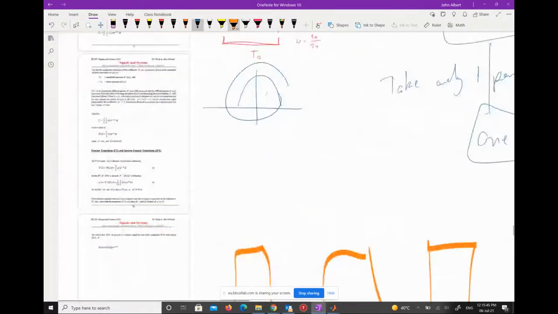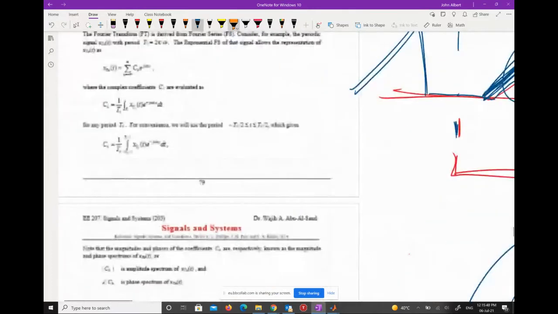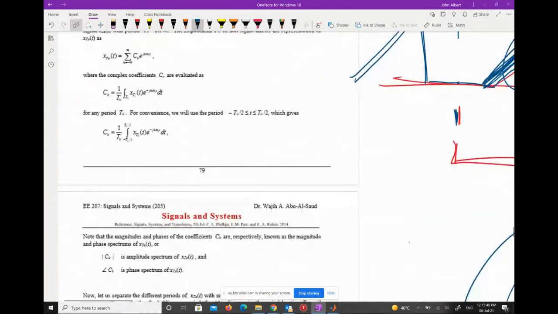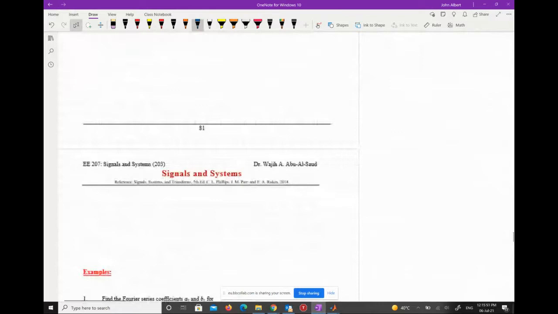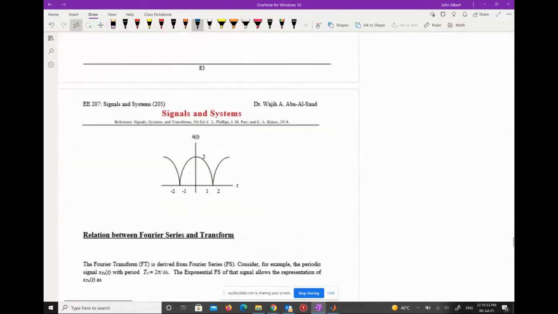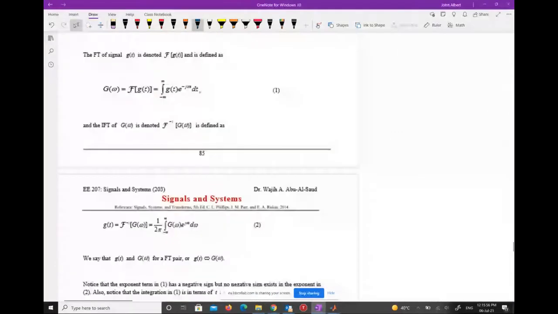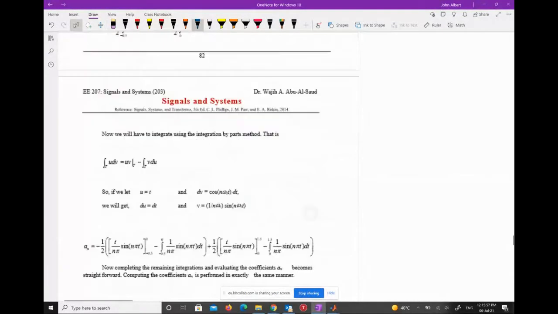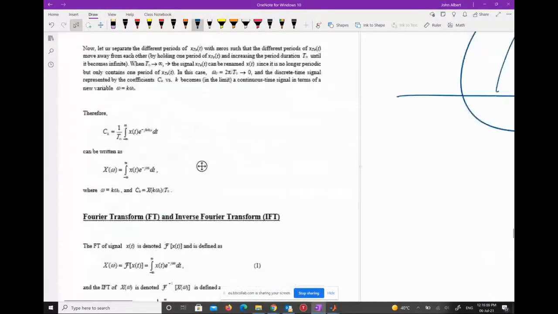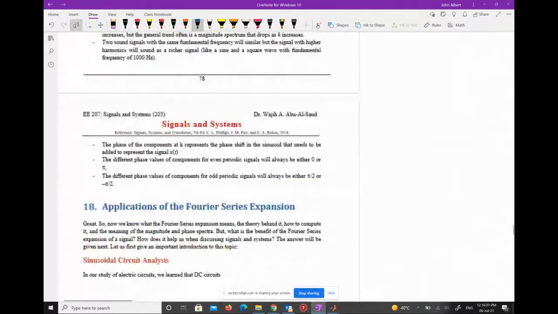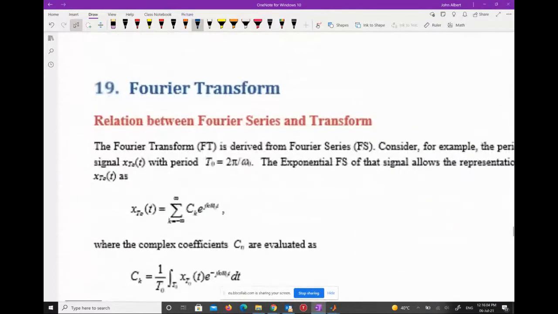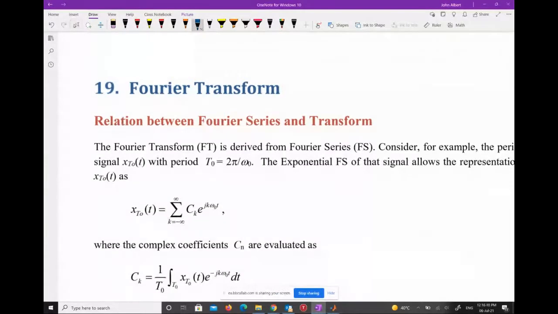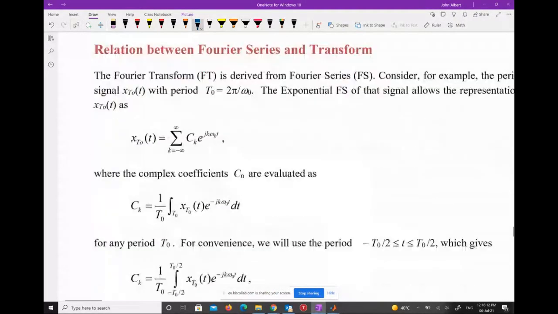Okay, now let's look at the concept of the Fourier transform. Where does the concept of the Fourier transform come from? And this is basically the material that I have at the bottom there, when we started talking about the Fourier transform. Now, if you don't understand everything that I'm going to say now, don't worry about it. This is just theory. I have to mention it, but if you don't understand it, don't worry about it.